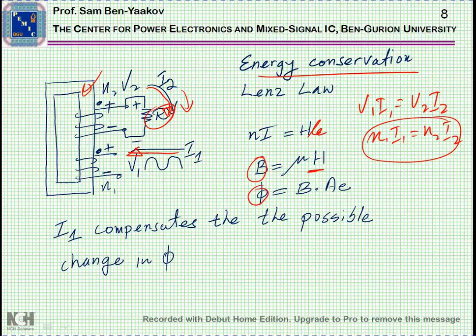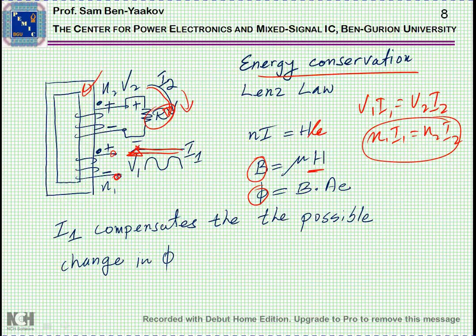And therefore, there's going to be a change in the flux. If there is a change in the flux, while we still impose a voltage V1, then the only remedy to correct the flux to be according to Faraday's law is for a current to flow and correct the change in flux and bring it back to the value according to Faraday's law.